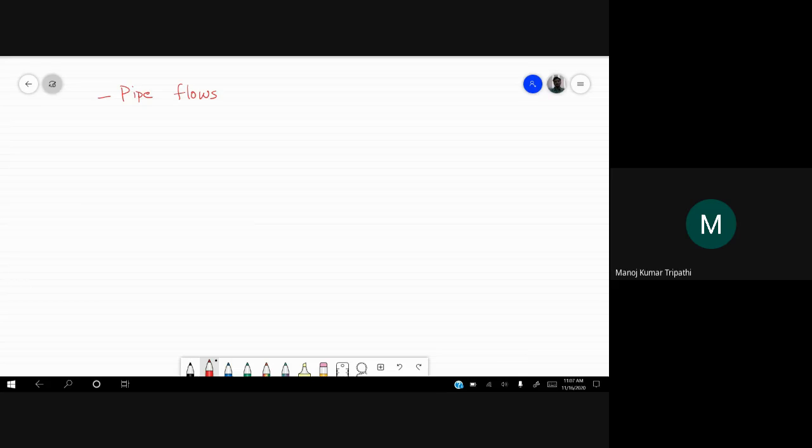There are orifice meters, rotameter, and some non-invasive flow measurement techniques like magnetic flow measurement and so on. Or just by looking at the flow, you can tell something about the flow. That is also there. So I'll just write flow meters. These are the topics we have partially discussed.